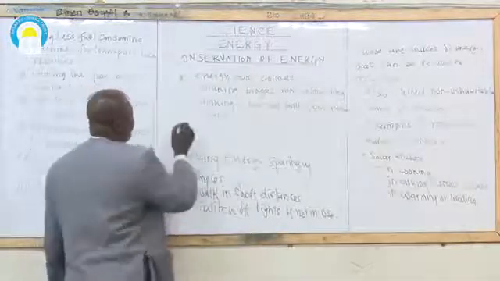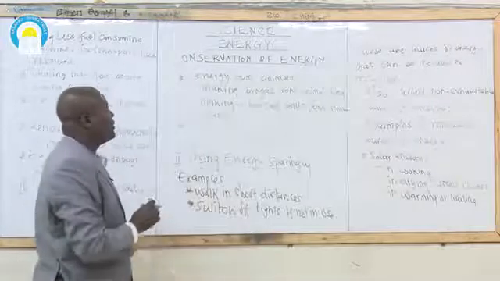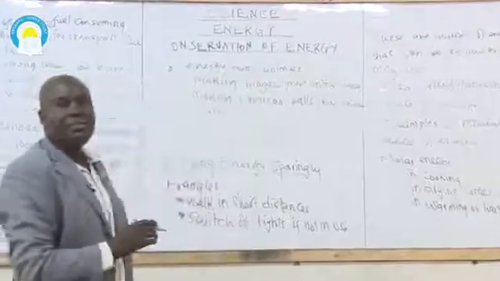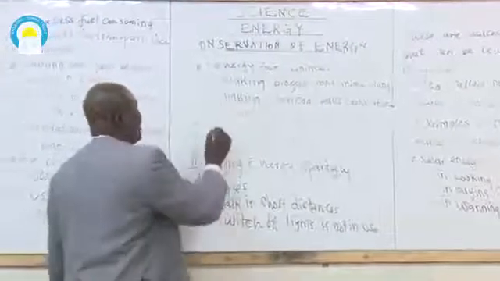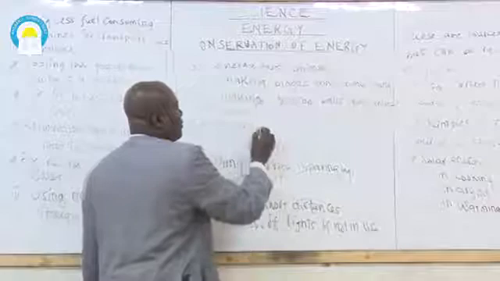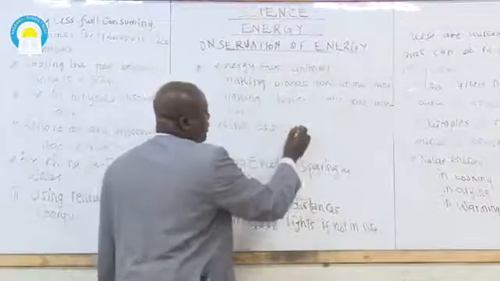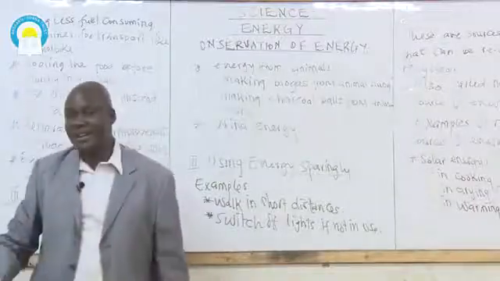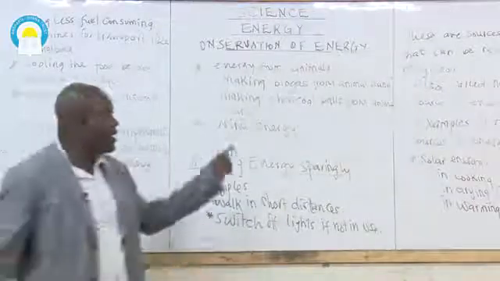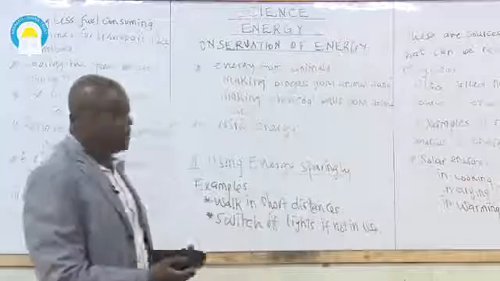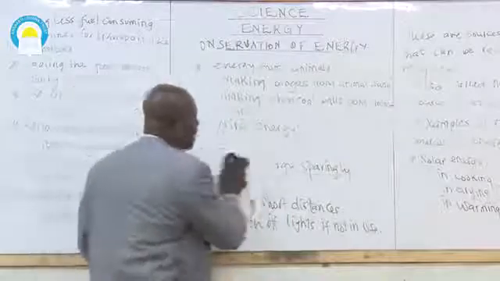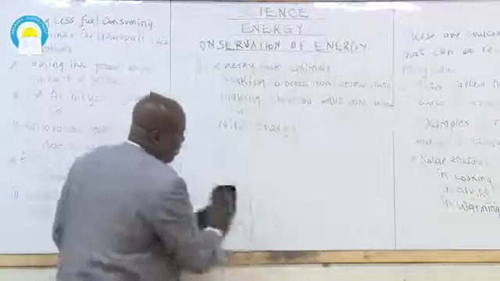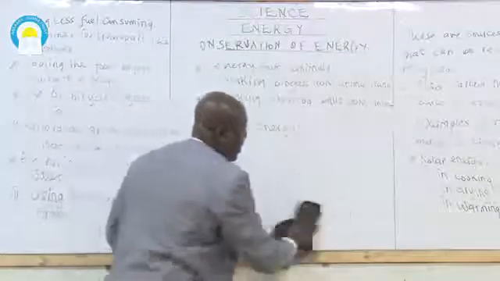Then number 3, we can also use energy under renewable from wind. Wind energy here is very, very important. Like many countries in the world, they make use of wind to produce energy, because some of them maybe are not connected to hydro or nuclear power plants.